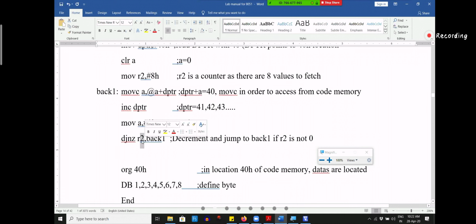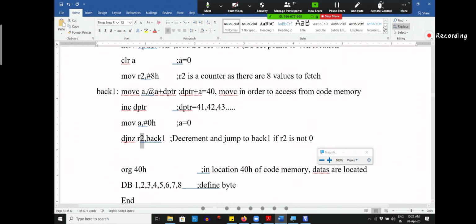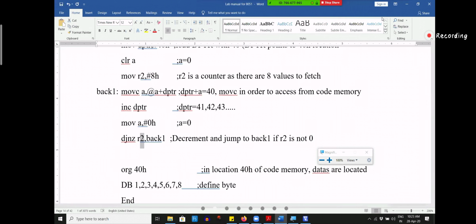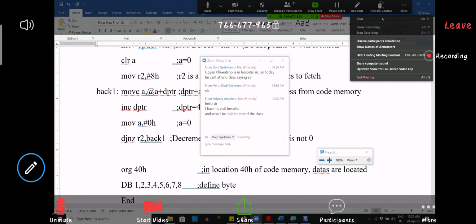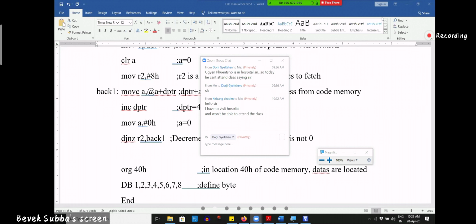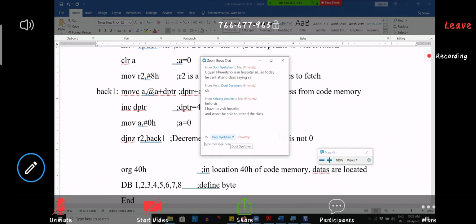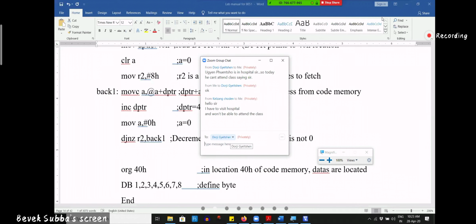R2 will be 5 now. Going back, we'll continue. What is the problem now? Are you getting or not? Yes, sir.